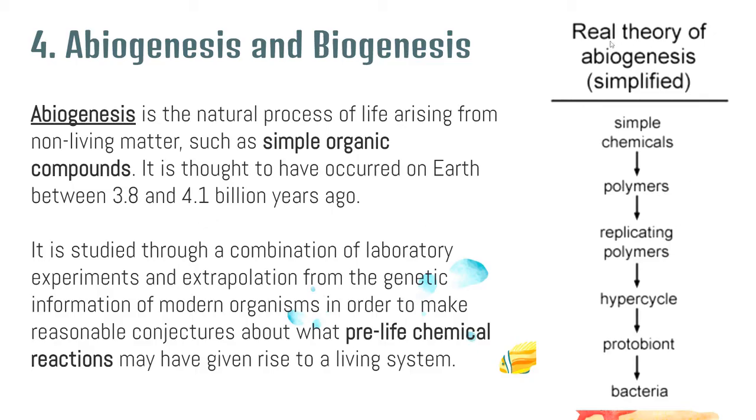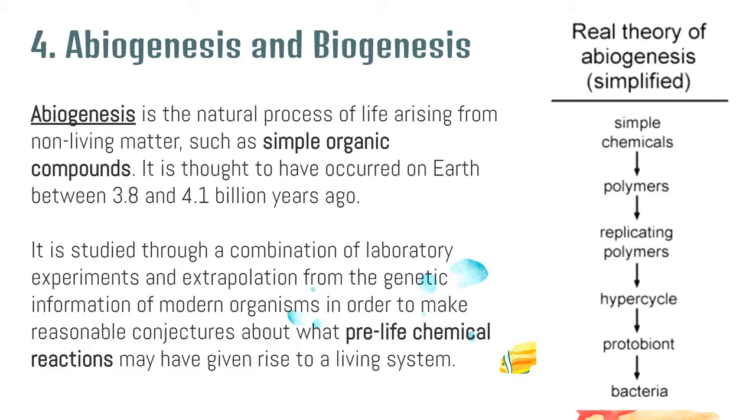Now, this is the simplified theory of abiogenesis. It says that simple chemicals present in the Earth's primitive environment must have been triggered by physical events that allowed them to form polymers, or longer chains of molecules.